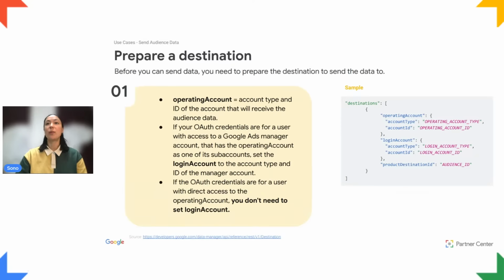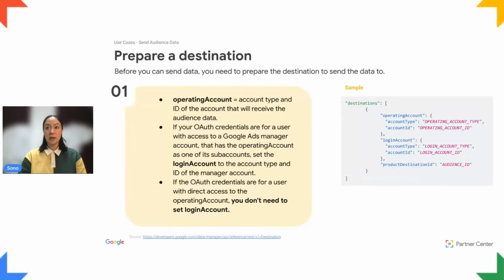starting with the destination. So how to prepare a destination, meaning where to route the data to. The destination block tells the API where to route the batch of users or the user data. And there are different parameters you would need to set. The operating account, for example, is the account that owns the data. This could be a Google Ads sub account. The login account is typically the MCC manager account.